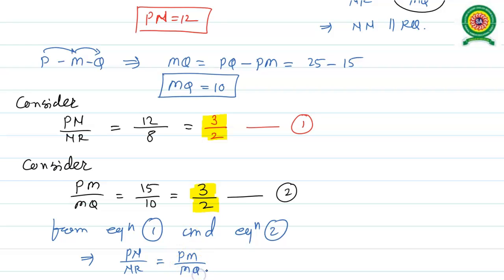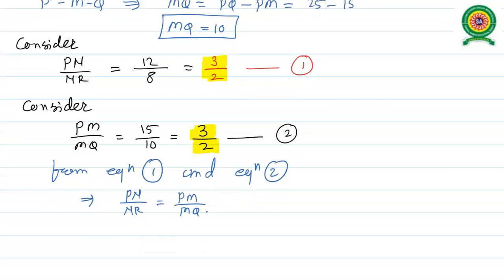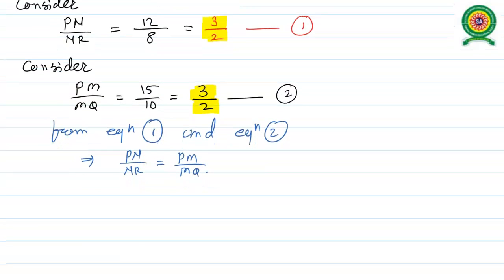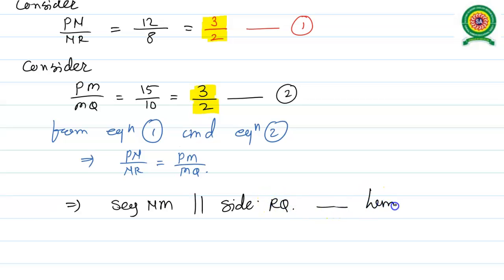Once those ratios are equal, it means the intercepts made by the line NM are in equal proportion, so we can write that the segment NM is parallel to the side, the segment RQ. So hence we have our proof.